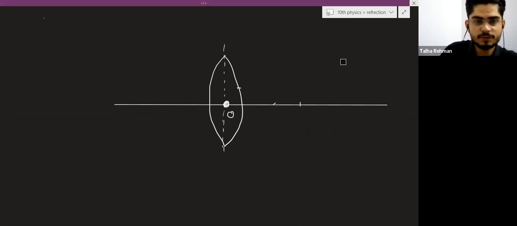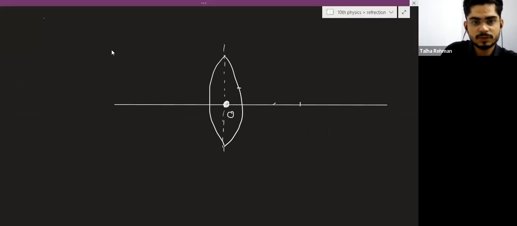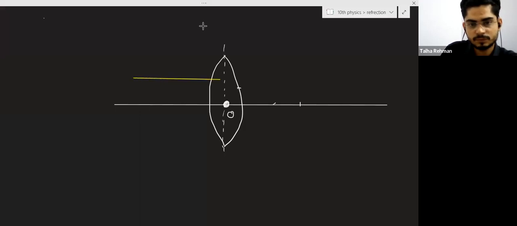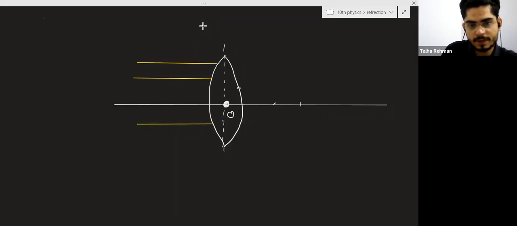So for defining the focus, just see, light rays parallel to principal axis.